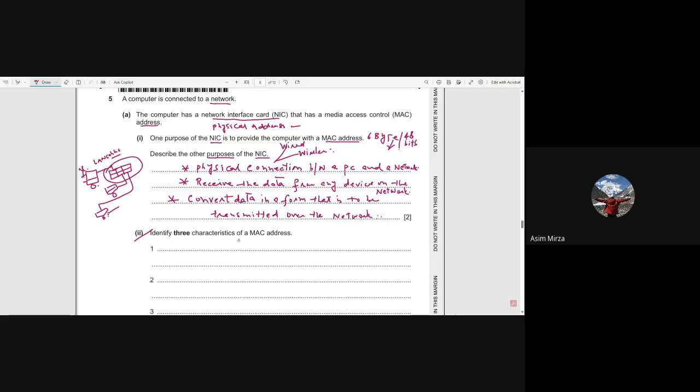Okay, identify three characteristics of MAC addresses. Earlier I told you that a MAC address is a 6-byte or 48-bit address that is represented in hexadecimal numbers.